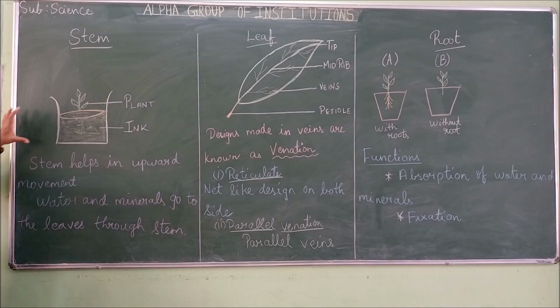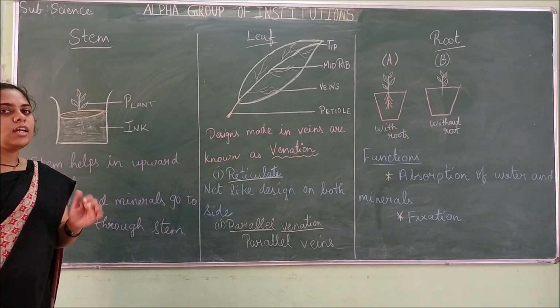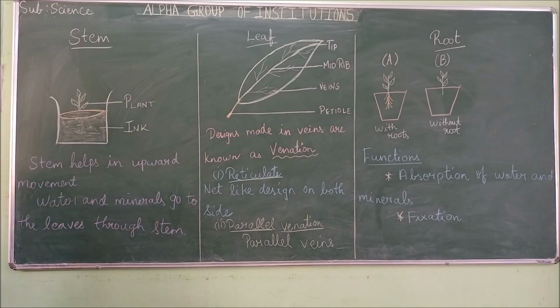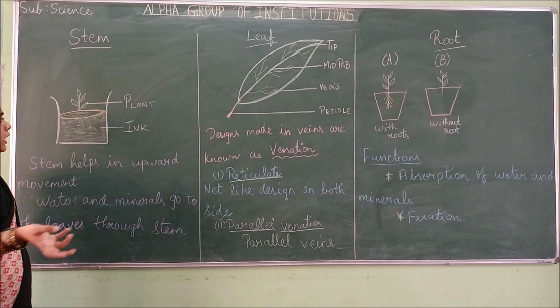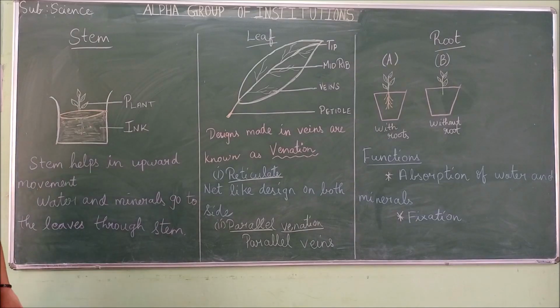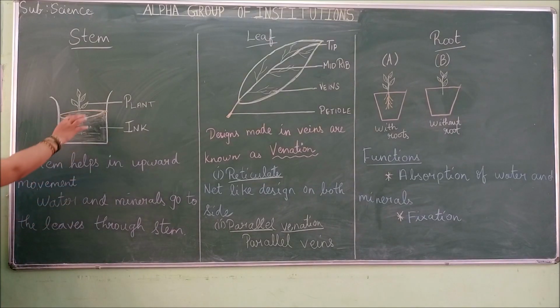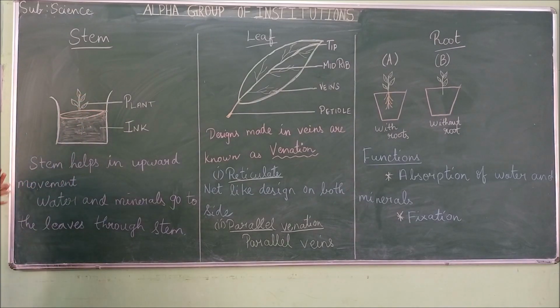What happens? You take a vessel or a beaker, pour water into it and add ink. Any ink, it may be blue or it may be red. If you place the plant in it and leave it overnight, on the veins of the leaves you can see a reddish or bluish color.